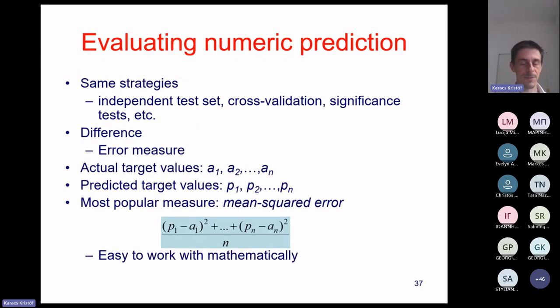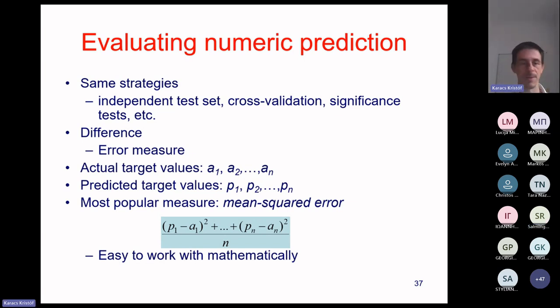Now, after having discussed a lot of things to evaluate classifiers, I'm also going to shortly discuss evaluating numerical predictions. In this case, we don't have a finite set of classes, but instead we have a number that the model has to predict.